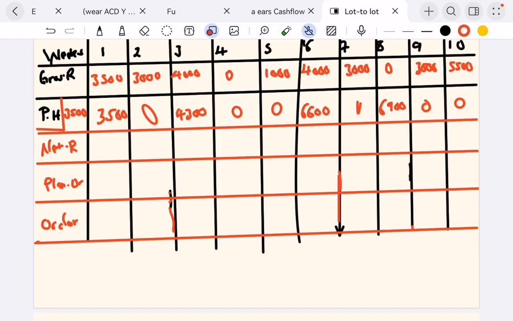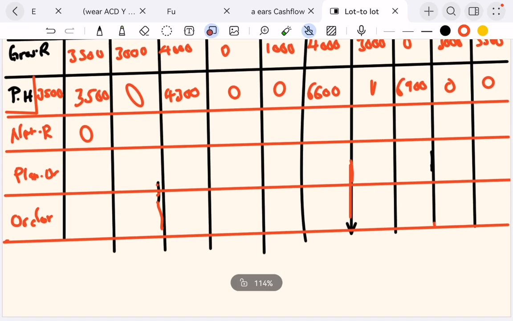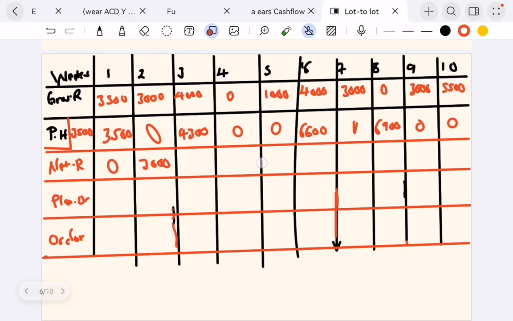So there will be 0 there. We've met what we needed to meet. Here in week 2, the gross requirement is 3,000. Projected at hand is 0. So the net requirement will bring that 3,000 down here. So we have 3,000 here. In week 3, what we need is 4,000.